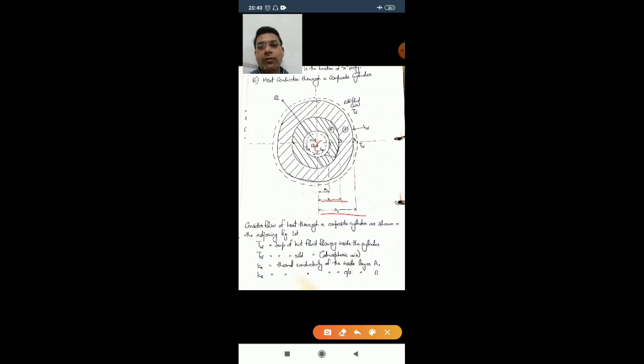It is a hot fluid which is flowing inside the tube. Outside is a cold fluid. Hc is the heat transfer coefficient from the outside metal body to the ambient condition. Hf is the heat transfer coefficient from the hot fluid to the inside metal body. And Ka, Kb are the thermal conductivities of the metal tubes A and B.